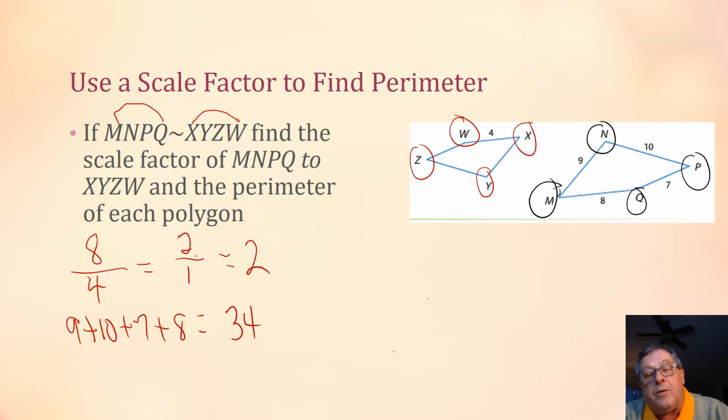So the perimeter of MNPQ is 34. And I need to find the perimeter of X, Y, Z, W. Well, I know I got a scale factor of 2. I'm going to write it as 2 over 1. And that's going to be equal to the perimeter, let's see, perimeter of what? This one first.